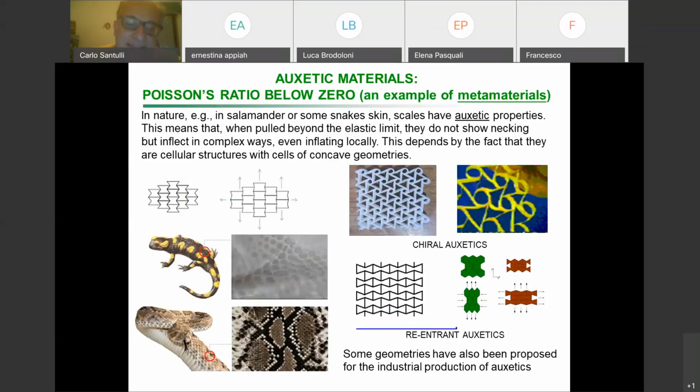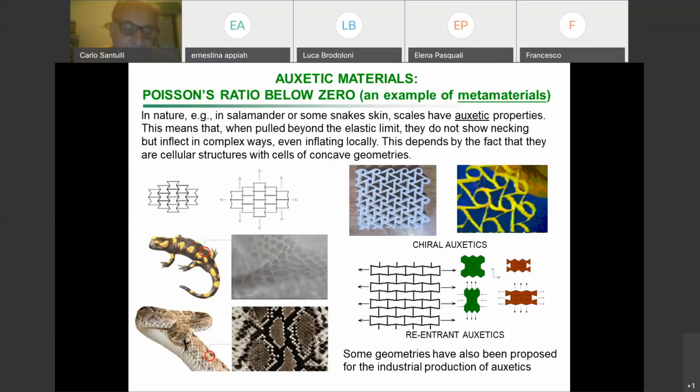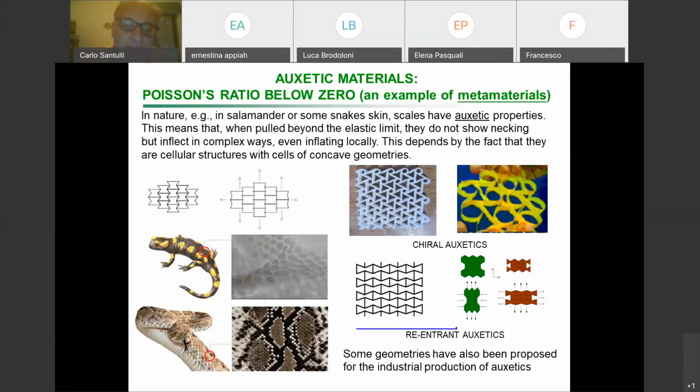They've been studied from nature because the scales, which are normally keratin scales, therefore obtained from keratin, from a protein, tend to have some structure which is a concave polygon, as you can see by the magnification under the microscope.